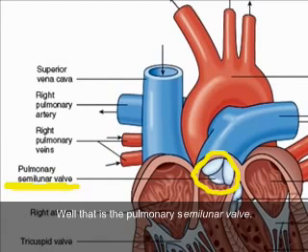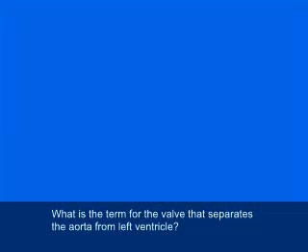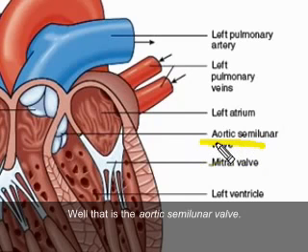And what is the term for the valve that separates the aorta from the left ventricle? Well, that's the aortic semilunar valve, A-O-R-T-I-C, semilunar, S-E-M-I-L-U-N-A-R.